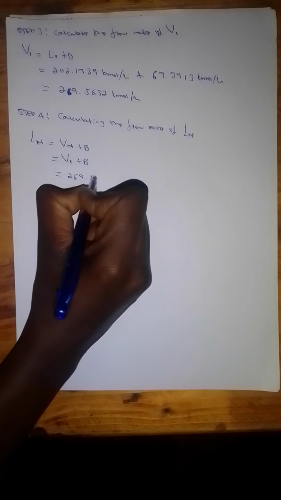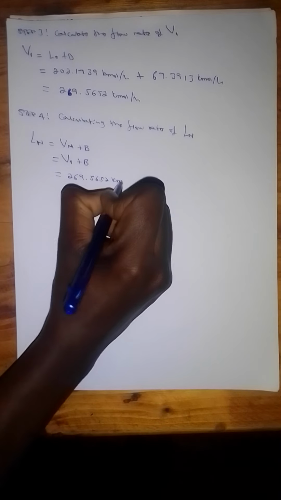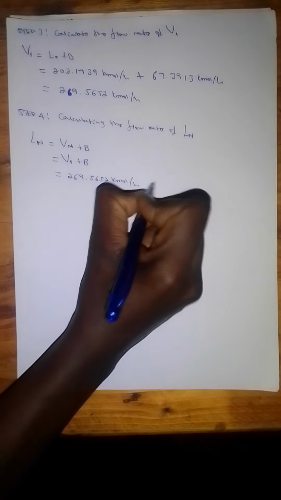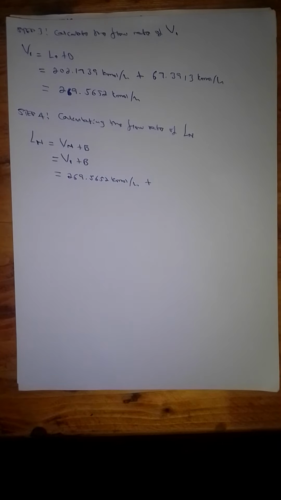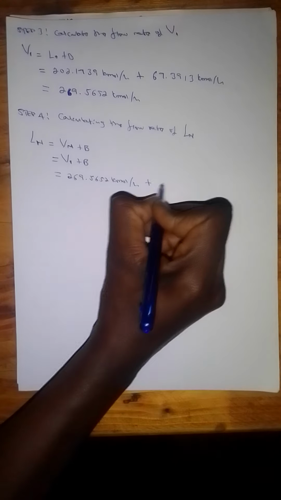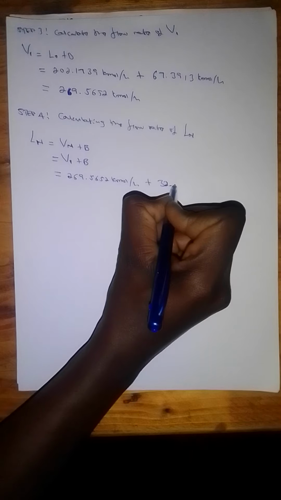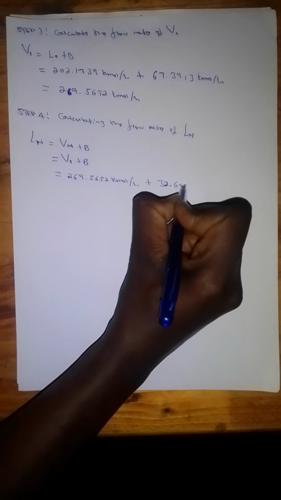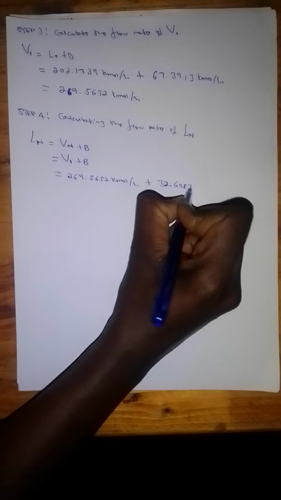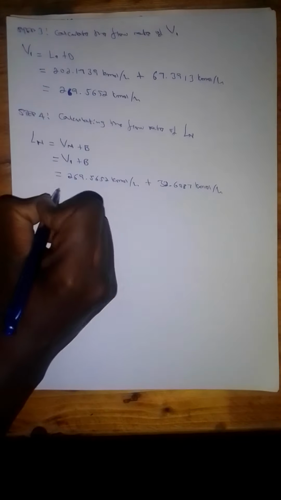and that is equals to our V1 we calculated to be 269.5652 kilomole per hour plus our B, we calculated it to be 32.6087 kilomole per hour.